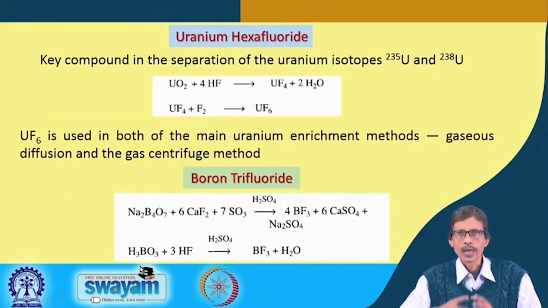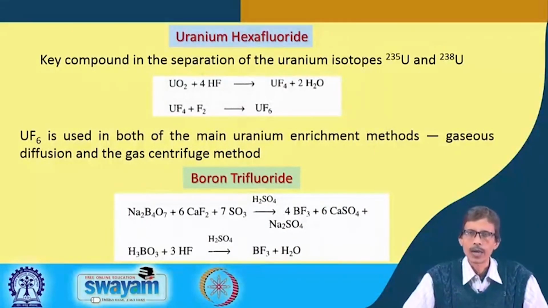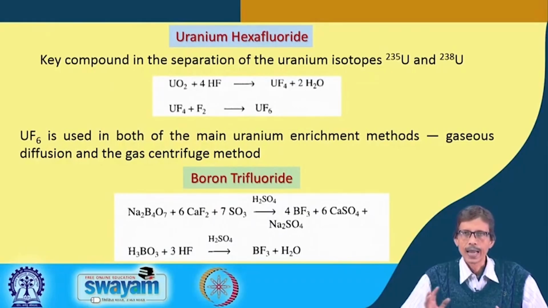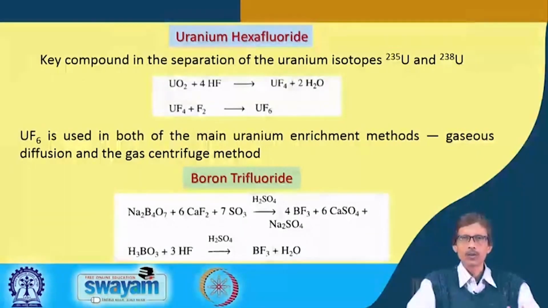So, if you can have a procedure, or an industry, where borax is utilized for making boric acid, that boric acid can be your storehouse for that material, and if you require, 50% of that will be used for making boric acid, and the remaining 50% you can go for your boron trifluoride preparation.